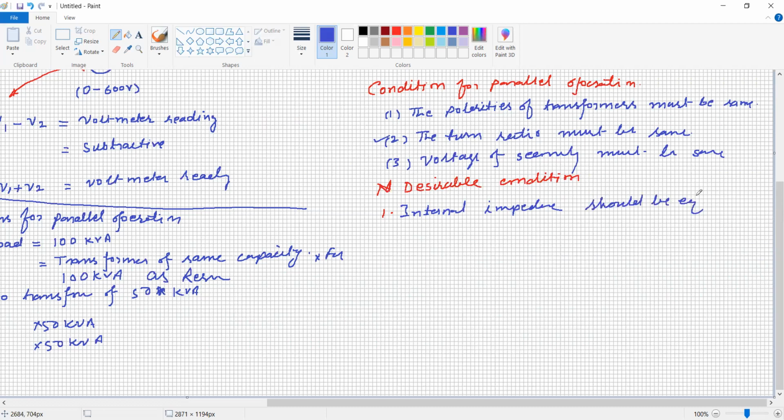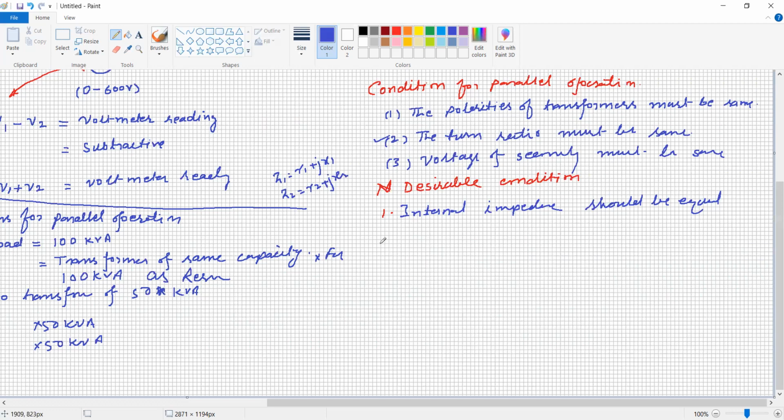The impedance of the primary winding is Z1 equal to R1 plus jX1, and the impedance of the secondary winding is R2 plus jX2. So the impedances of both transformers should be equal.